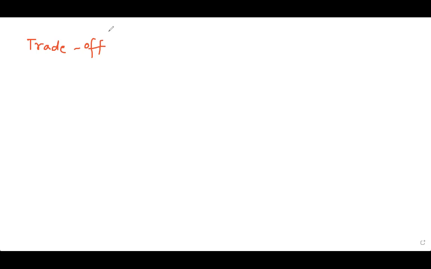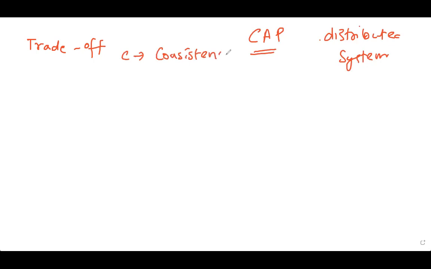CAP theorem is a very important theorem in distributed systems, right? First of all, let's define what is C. C is consistency, A is availability, and P is partitioning of network.